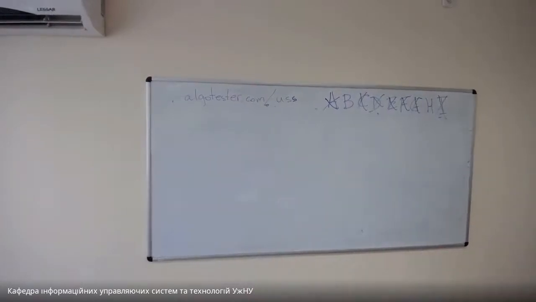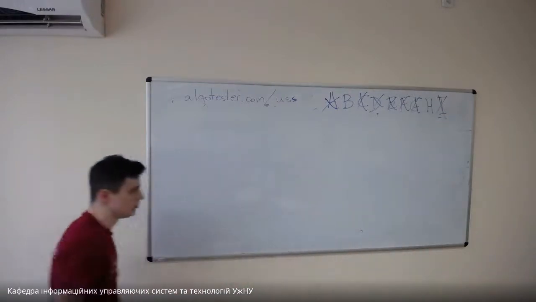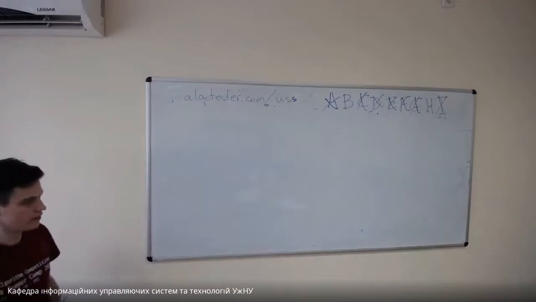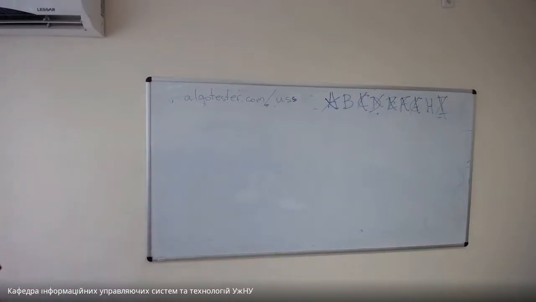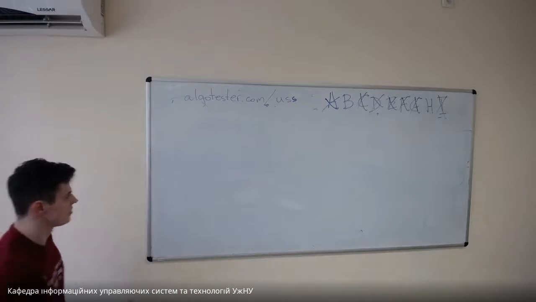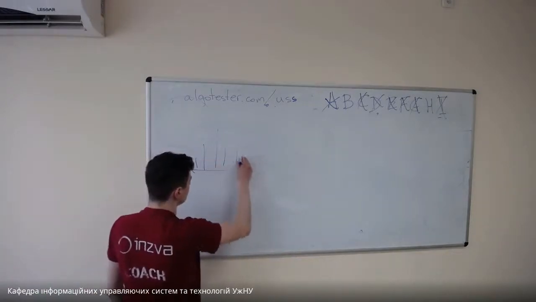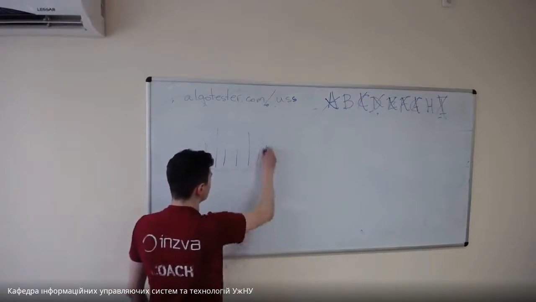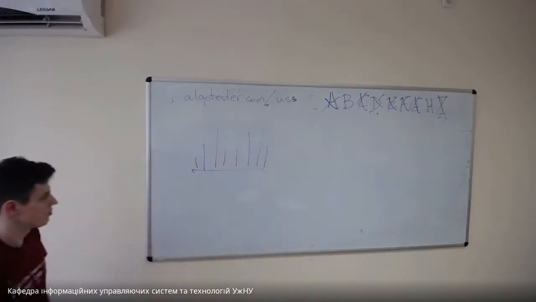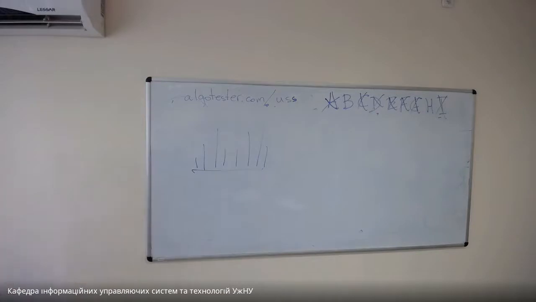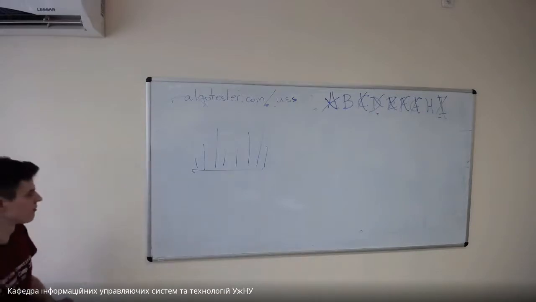Okay, so let's start with problem B. In this problem, you had to count the number of ways you can put towers in such a way that this combination is lucky. So what this means is that if you have some towers, they all have some height, okay? And for each tower, you would calculate how many other towers you can see from this particular one.